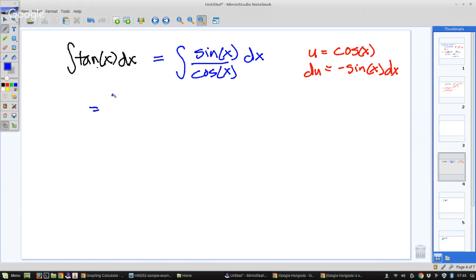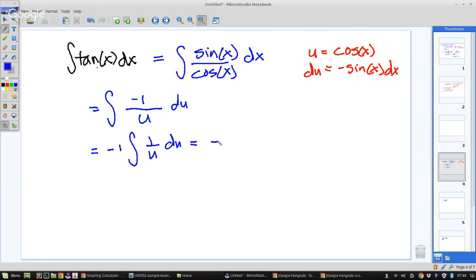So coming back over here, rewriting that, I now have a fraction still. Now here I almost have my du, so if I just bring that negative over to the other side, then I'm going to have negative 1 du, and then the cosine is just u that sits in the bottom. That's a little bit better here. I could pull that negative 1 out, and 1 over u has an antiderivative of the natural log.